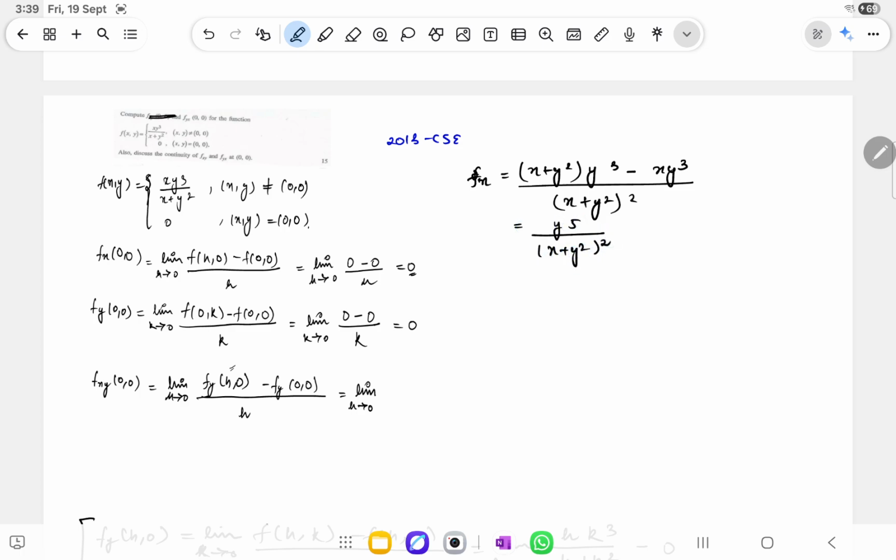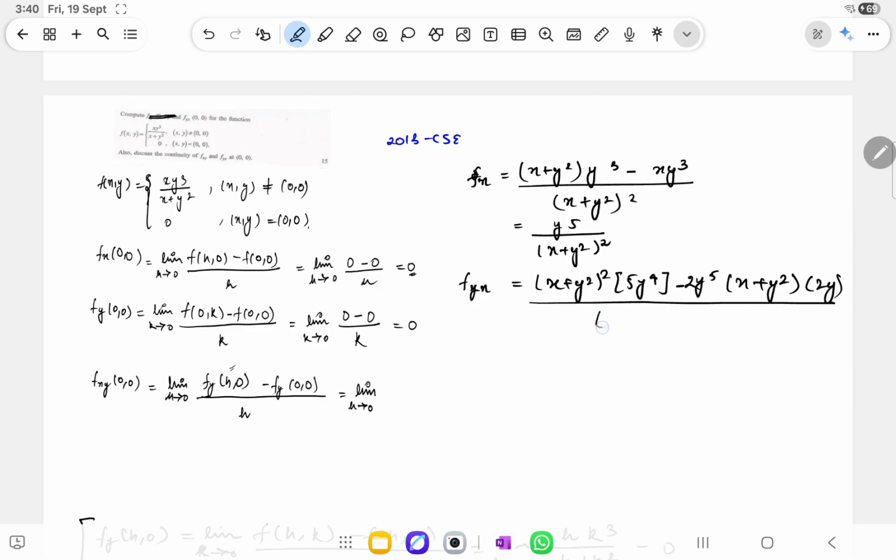And if I calculate fxy, that will basically equal taking the derivative with respect to y: 5y raised 4 minus y raised 5 into 2(x plus y square) into 2y, divided by (x plus y square) raised 4. And from here I can just balance out one term, so it will be (x plus y square) into 5y raised 4 minus 2 into 2 into 4y raised 6, divided by (x plus y square) cube.